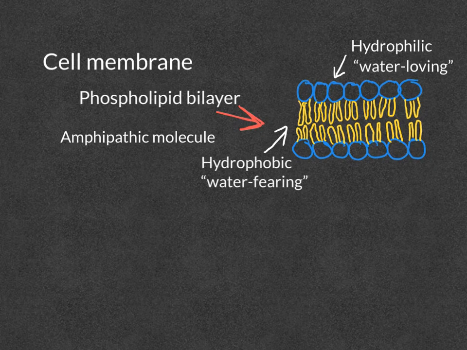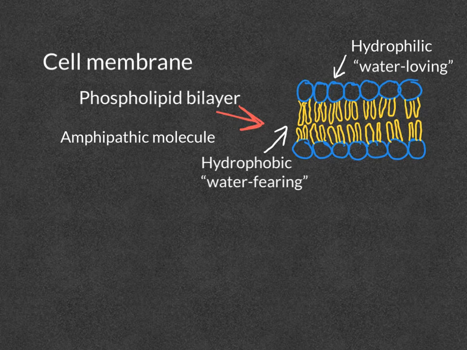Just like these membrane lipids, most membrane proteins are also amphipathic. Because of this, the proteins can be within the phospholipid bilayer and have their hydrophilic regions protruding from it.